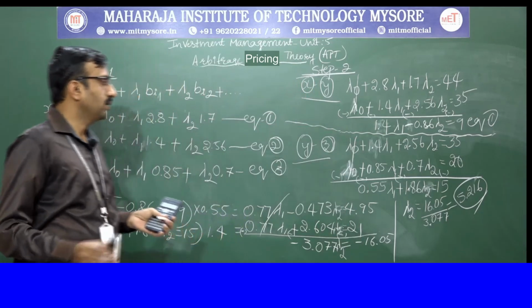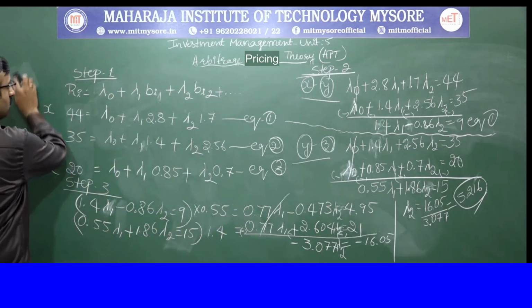Next, moving on to step 4. In step 4, we will find out lambda 1. I will just rub the board.